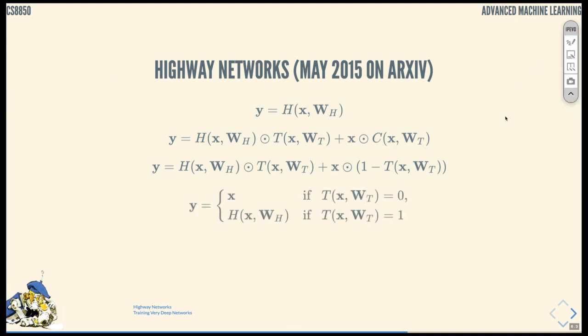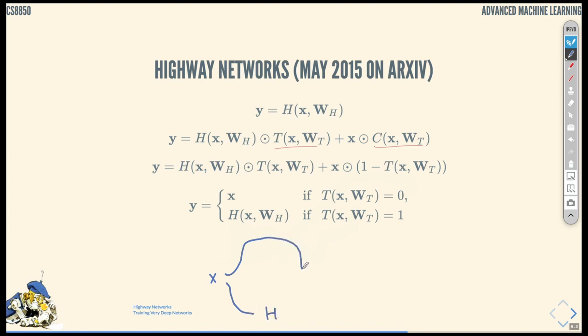An interesting observation of this is, as I just said, if the gate is 0, then x goes to the next level. If the gate is 1, then h goes to the next level. What happens advantageously in this case is that when the gradient flows, remember this is x, it flows in two directions, through h and by itself to the plus sign.